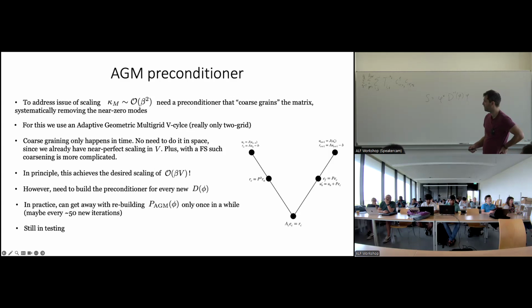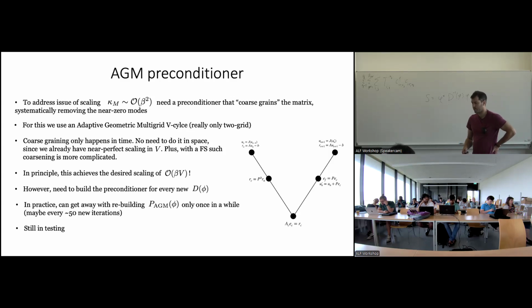With the idea being that these residuals on the fine lattice are passed down, are smoothed, and then passed down to some coarse lattice, where they're solved very approximately using lower precision. And then these residuals from this conjugate gradient on the coarse lattice are then propagated upwards back to the fine lattice and used to augment the solution on the fine lattice.